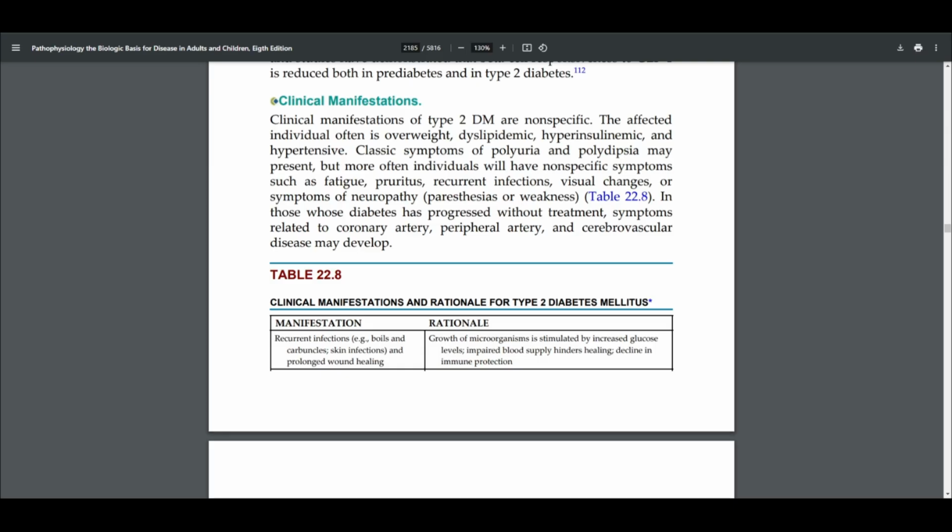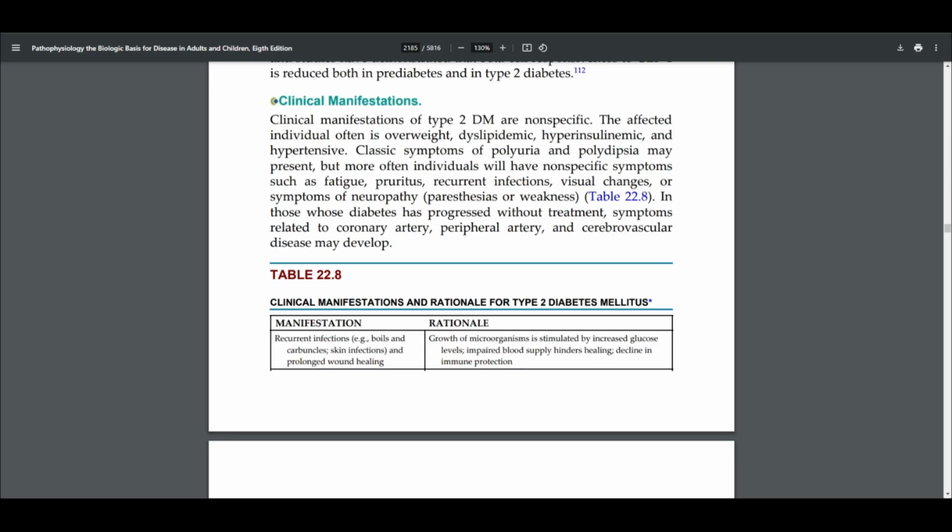Classic symptoms include polyuria and polydipsia, which may be present, but more often individuals will have nonspecific symptoms such as fatigue, pruritus, recurrent infection, visual changes, or symptoms of neuropathy.